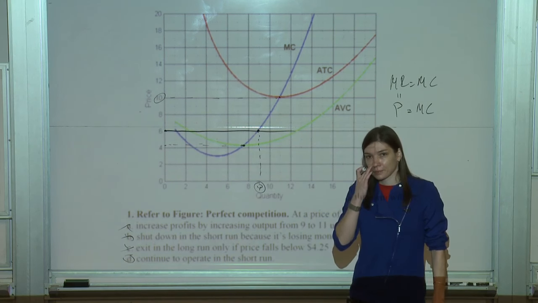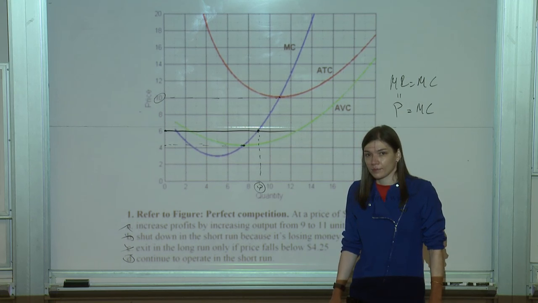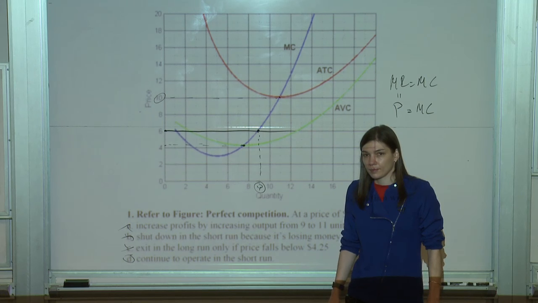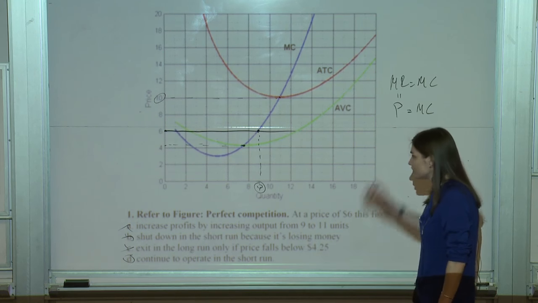Basically, the two words to remember: shutdown means the minimum average variable cost, and exit means the minimum average total cost. Keep it straight.